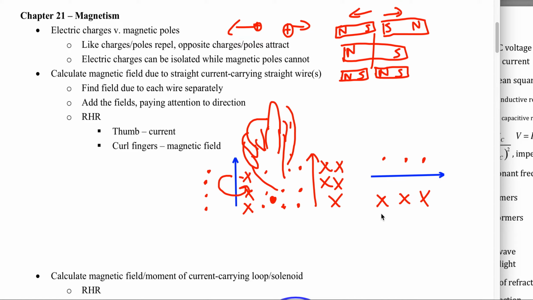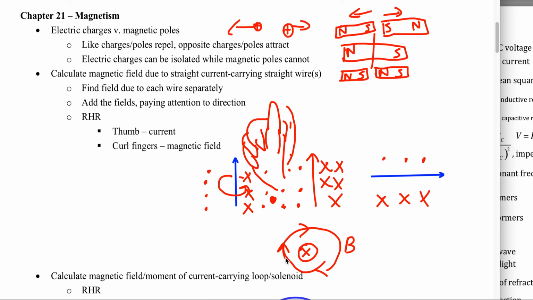And you also want to be able to calculate this if the current is coming, let's say, out of the page or into the page. If the current is going into the page, then when you curl your fingers, you should see your fingers curling this way. That means the magnetic field is making a clockwise loop when the current is going into the page. So you need to be able to know which way that field is going depending on where you are.